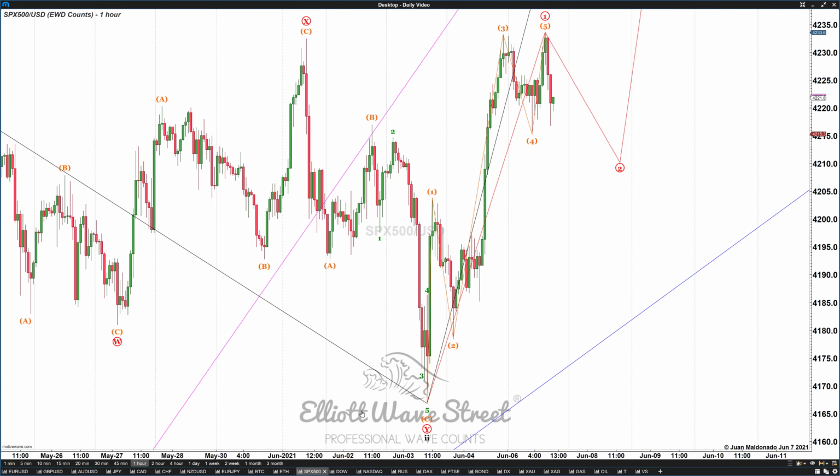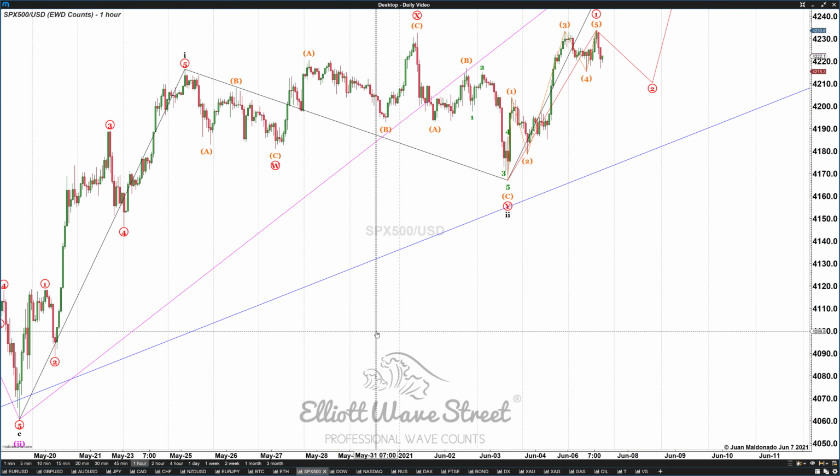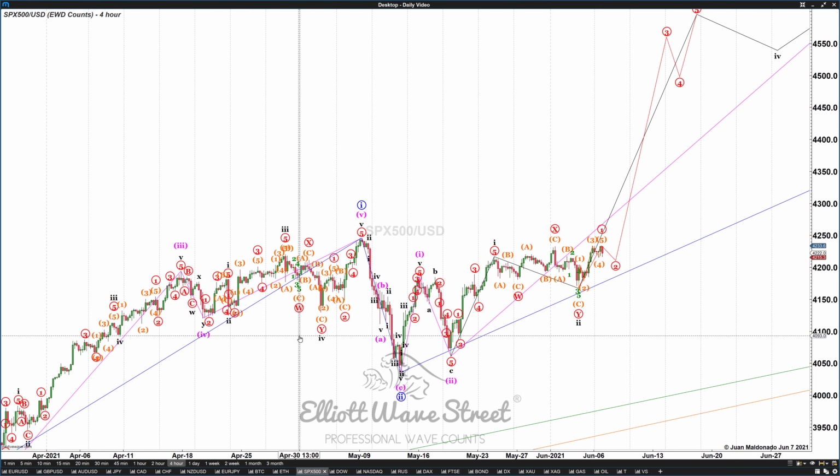The S&P has been going higher in a really complex market. Look, if we zoom out, let's go to the 4-hour chart. Market has been going up, but in a really complex way. So it seems that the S&P wants to break out this week the previous record high, and we are really close.